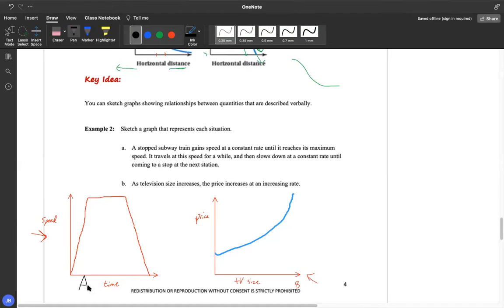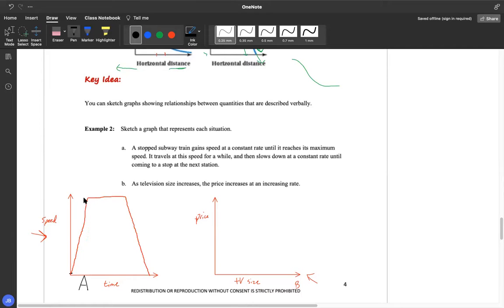Perfect. All right, Julia, walk us through yours. First it's gaining speed at a constant rate here until it reaches its maximum speed.